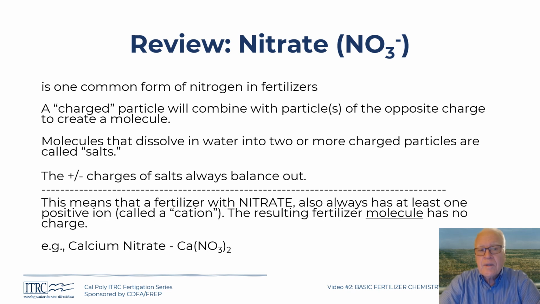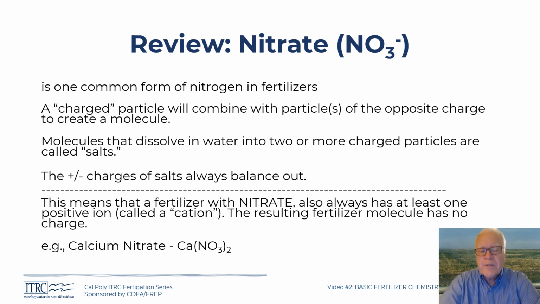And I mentioned that the plus and minus charges in the water always balance out. You're not going to get electrocuted. So anyway, if you have nitrate, either in the soil water or as a fertilizer, there has to be something tied onto it, another cation, at least one cation. And that gives you a fertilizer with no charge. The example given here is calcium nitrate.